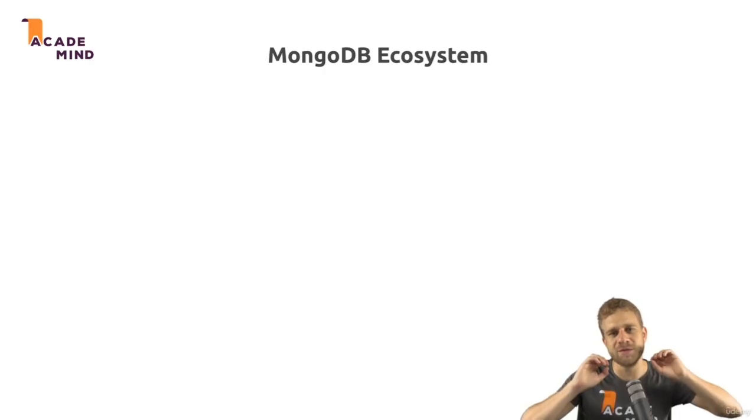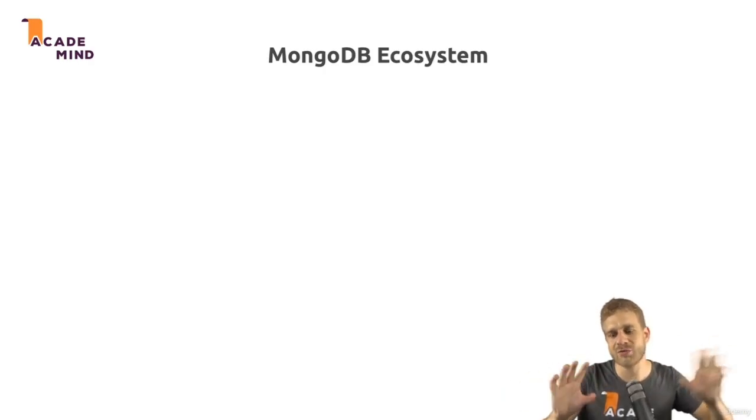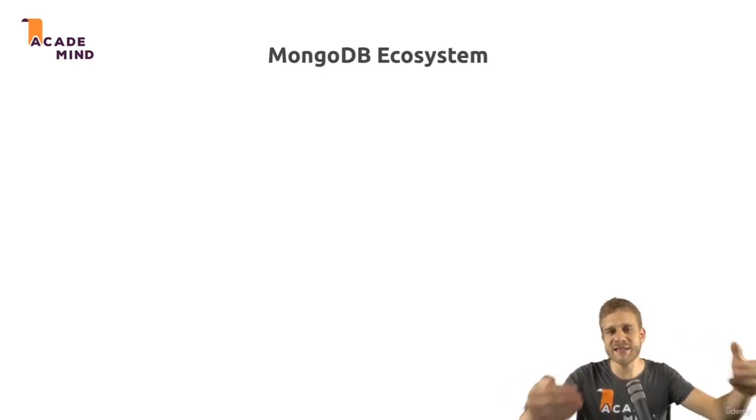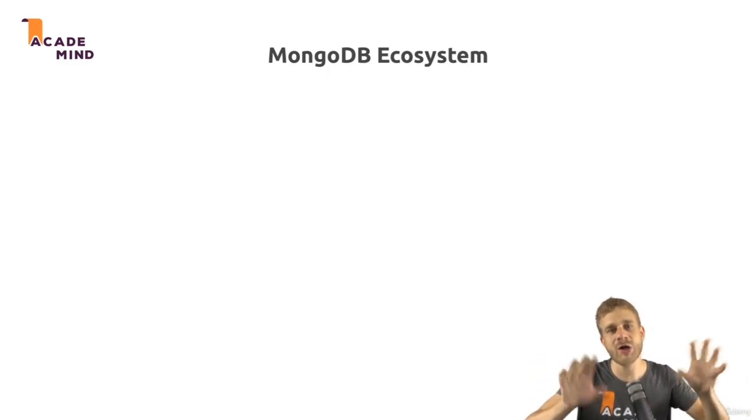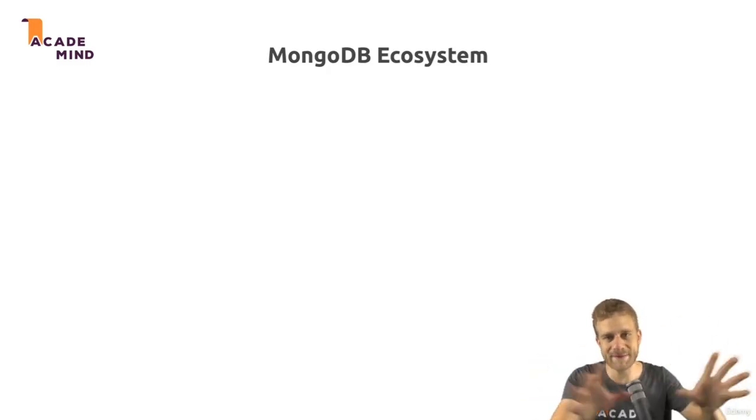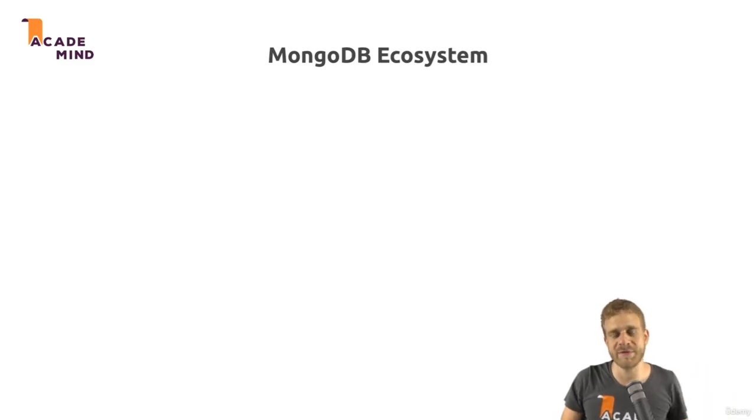So now that I introduced MongoDB, what it is, and how it roughly works, let me take a step back and go back to the MongoDB company. As I mentioned, the company behind the MongoDB database solution is also called MongoDB. And actually, they have a couple of other products too, and I will have a look at a lot of them throughout this course. So how does the MongoDB ecosystem look like?